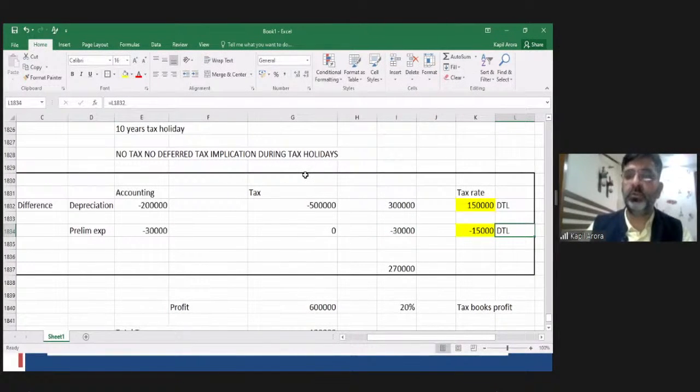So this is going to come as deferred tax asset of 15,000. Is that okay with all? Anyone has any question related to this? Please do ask.